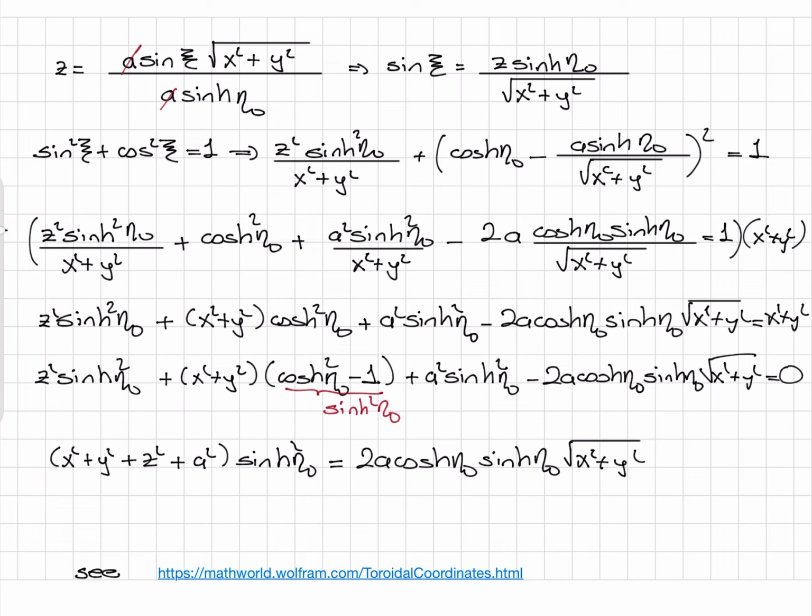And this gives me the following equation: x squared plus y squared plus z squared plus a squared is equal to 2a. You can see one of these sine hyperbolics will cancel and I will be left with cotangent hyperbolic. So 2a cotangent hyperbolic eta 0 x squared plus y squared inside the square root.